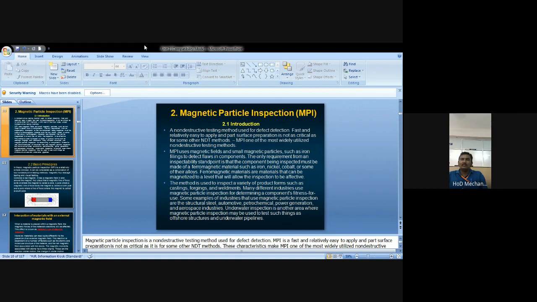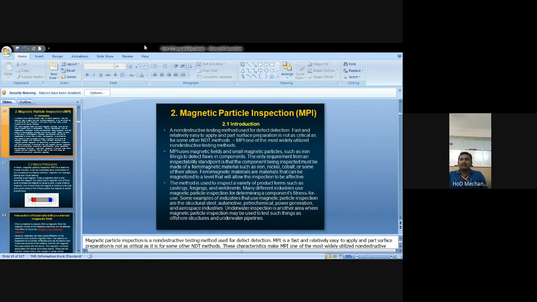In this testing, a magnetic field is used for testing the working specimen. Also, small magnetic particles are utilized, that means small iron particles that detect the flaws on the component. The iron particles will gather where the defect occurs.